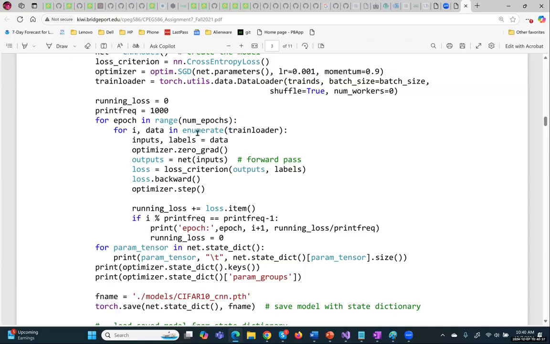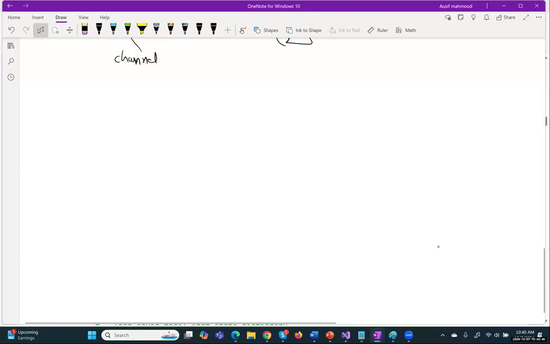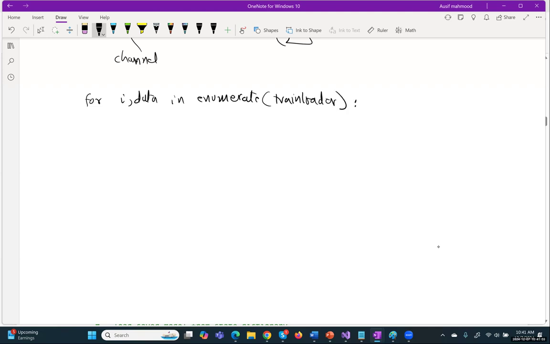So for example, let's say our batch size is 64. So, okay. So once we write this code for data in enumerate train loader. Okay, so let's say we have 64,000 images in our training data set.